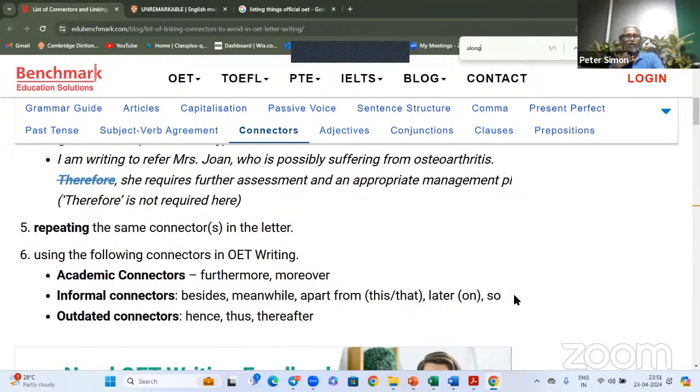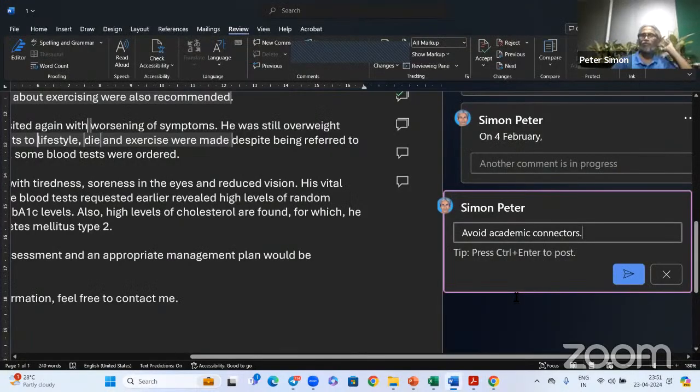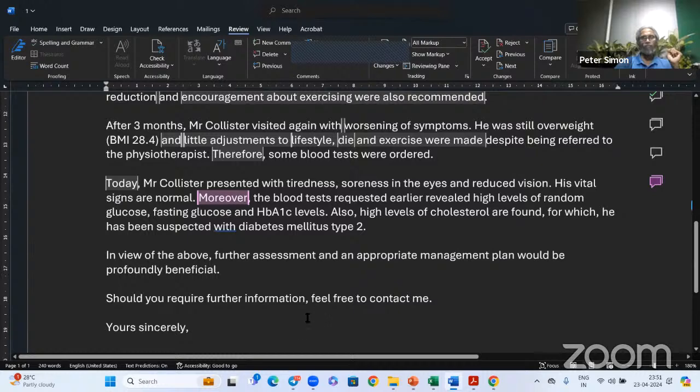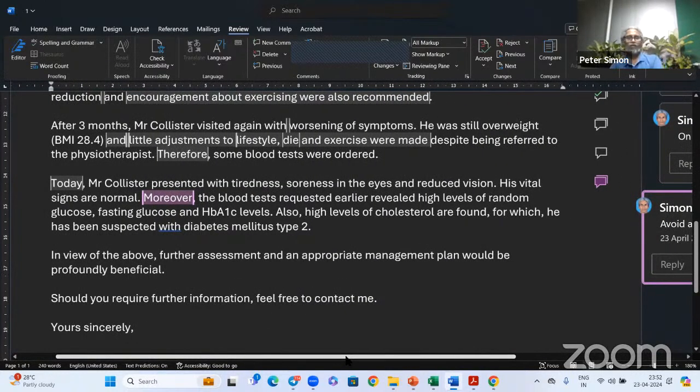Avoid outdated connectors: hence, thus, thereafter. Avoid them also.